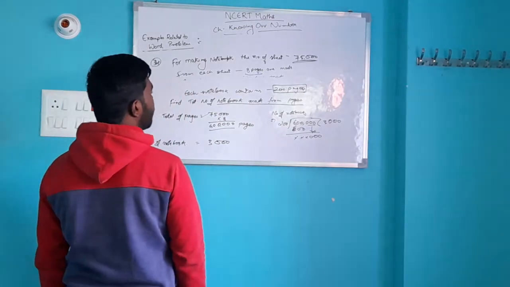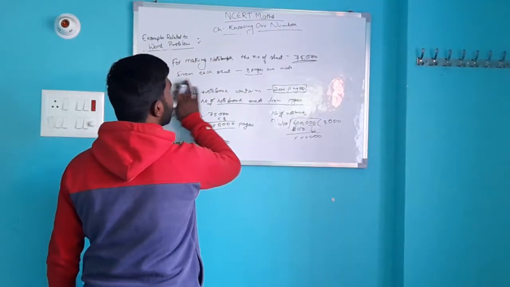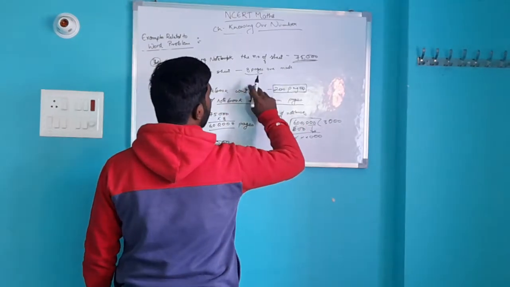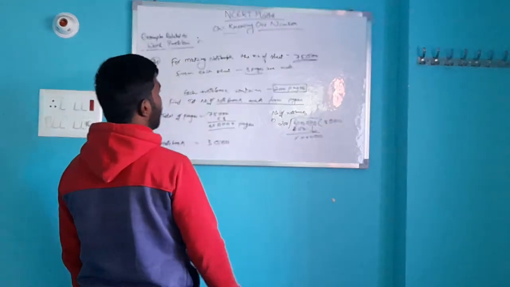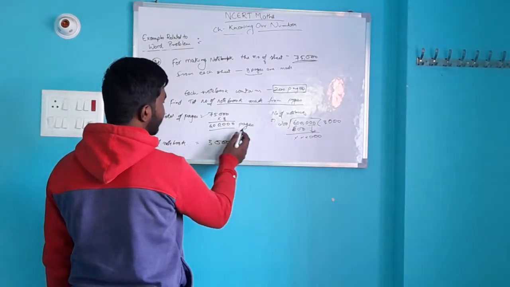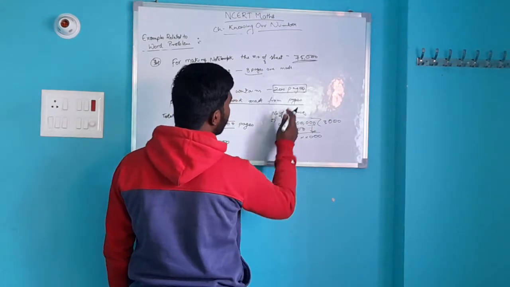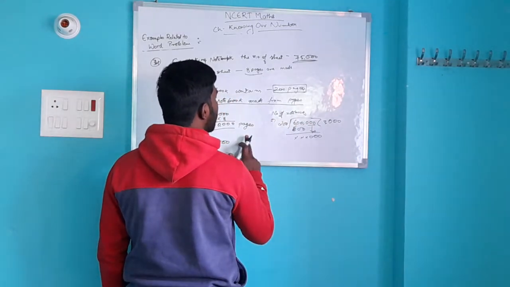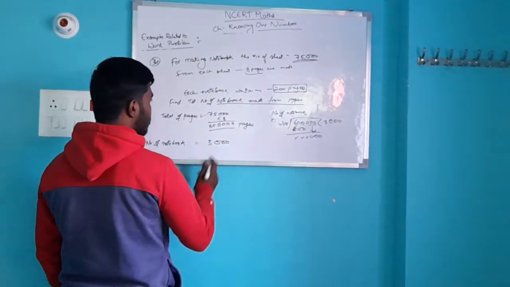So firstly we need to find the total number of pages. We multiply the total number of sheets by the pages from each sheet, then we get 6 lakh pages. And for the total number of notebooks, we divide the total number of pages by the pages per notebook. So we get 3,000 notebooks.